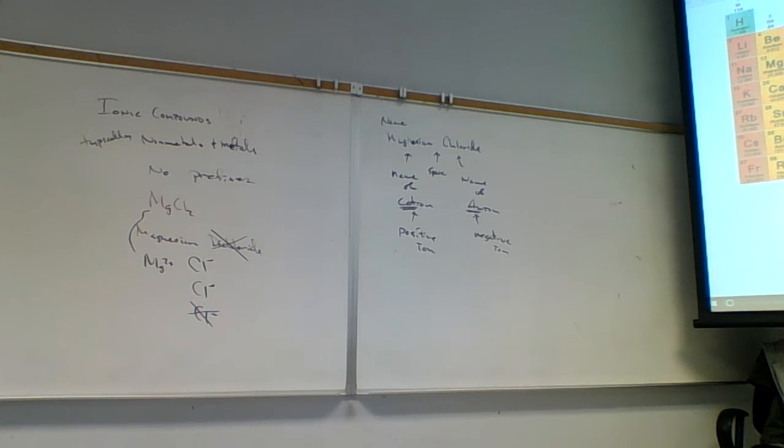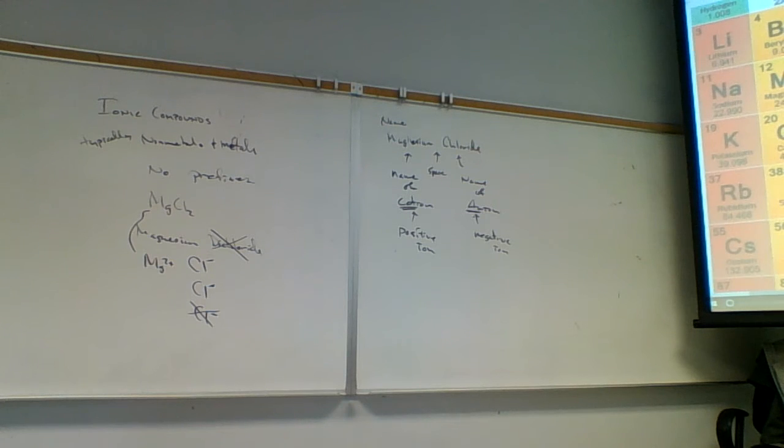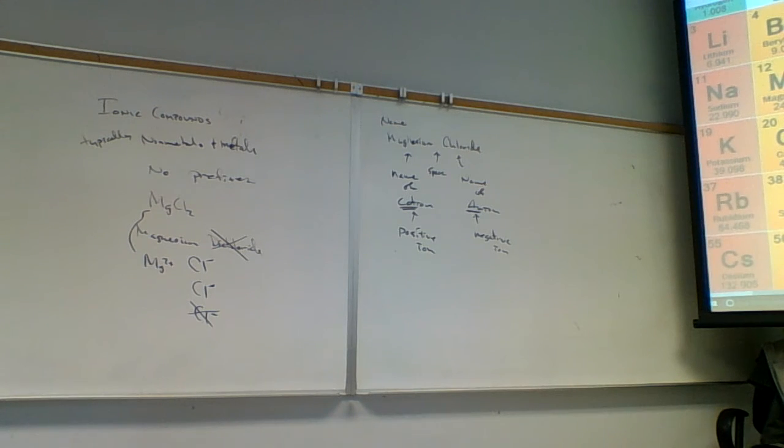Lithium-6 and lithium-7 are the 2 isotopes of lithium in nature. Do you know which one's more abundant? Is it lithium-6 or lithium-7 that's more abundant? You know what the black number is there? Yeah, the black number is the average.